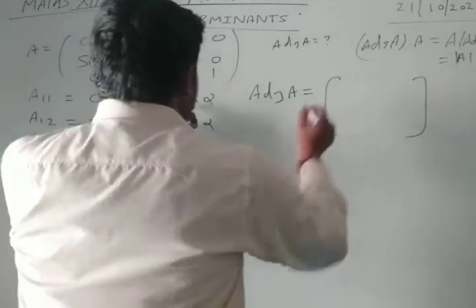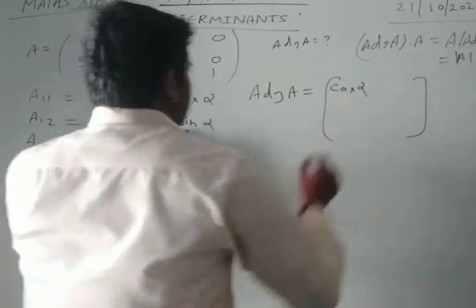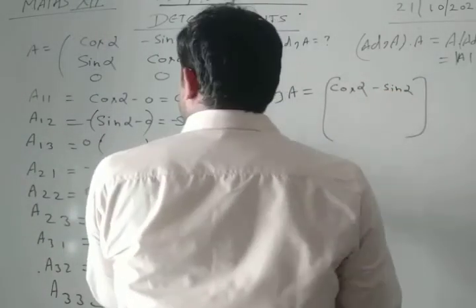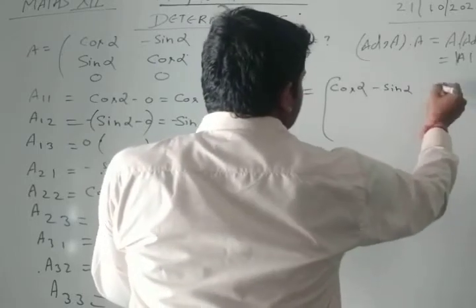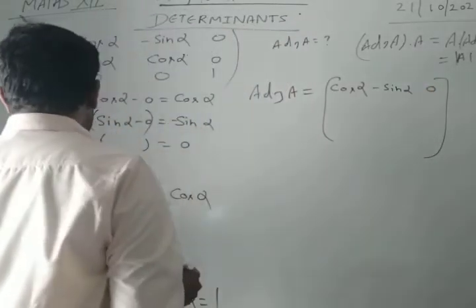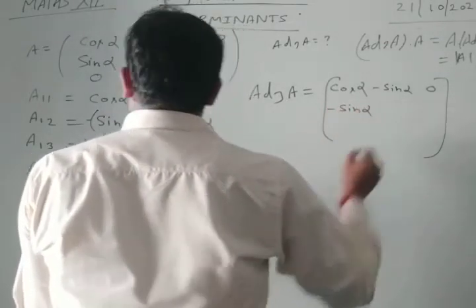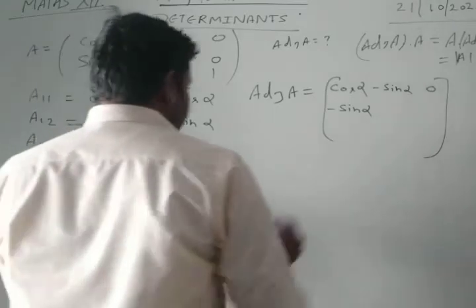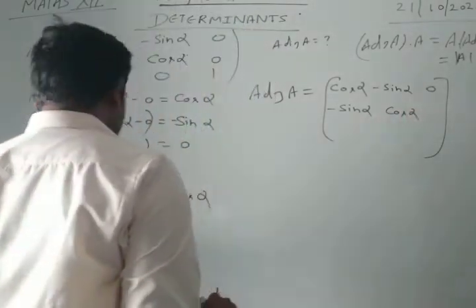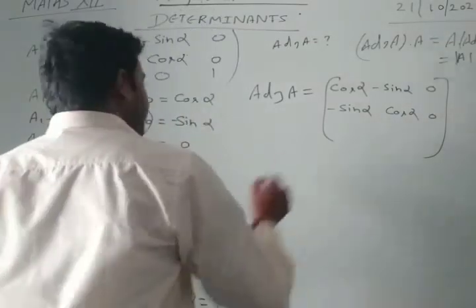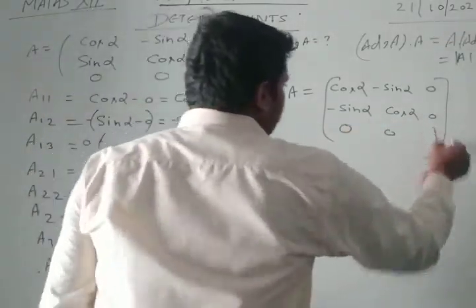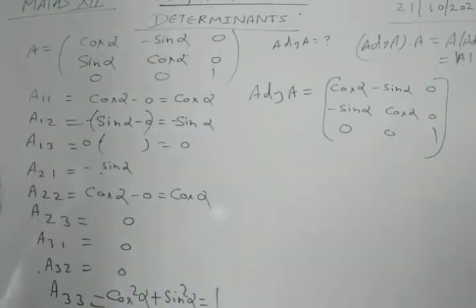So we write cos alpha, minus sin alpha, 0; A21 is minus sin alpha, A22 is cos alpha, A23 is 0; 0 0 1.